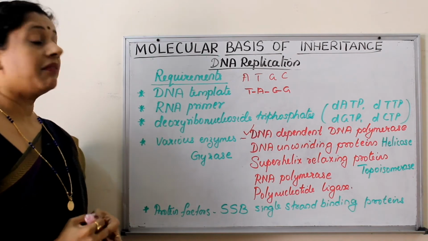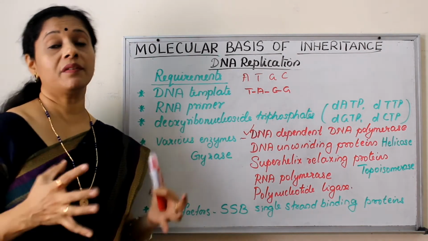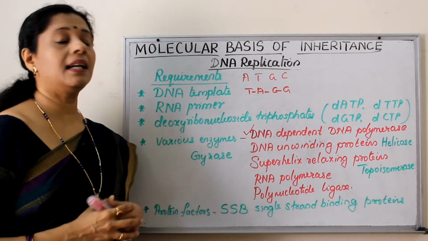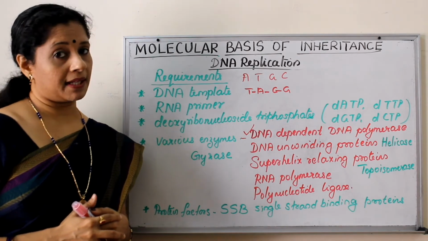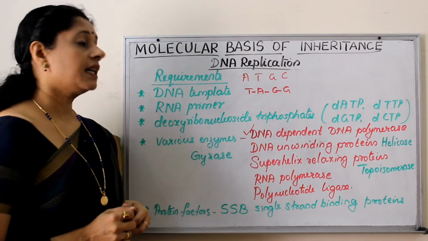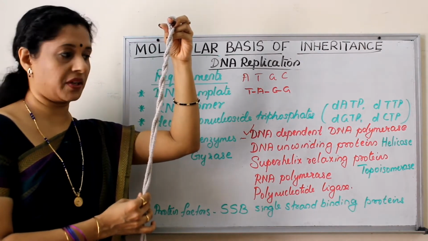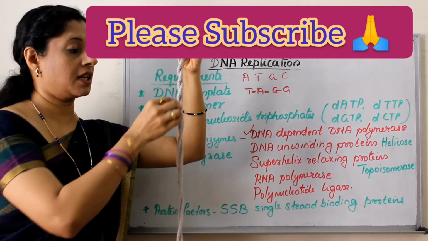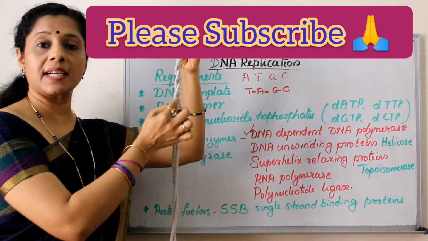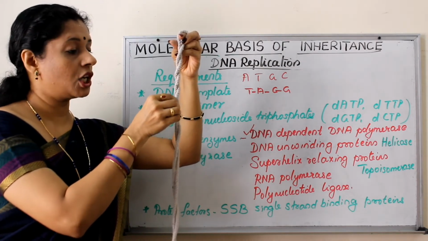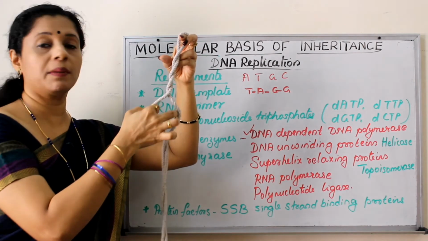Then coming to the various enzymes required. A lot of enzymes are there helping DNA dependent DNA polymerase. So first is DNA unwinding protein or helicase. Suppose this is a DNA strand. It has to unwind first. So we know that these two strands are connected by hydrogen bonds. So first hydrogen bonds have to be broken.